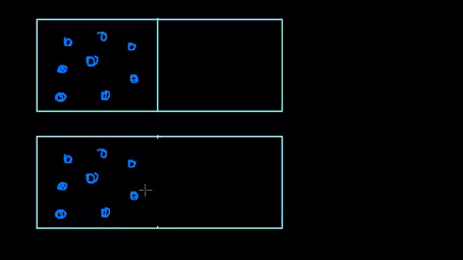Remember, for a system, these macro state variables like pressure, like volume, like temperature, like entropy are only defined once the system is in equilibrium. So once the system is in equilibrium again, I want to do the same number of particles. So maybe let me erase some of these particles. Let me move them.